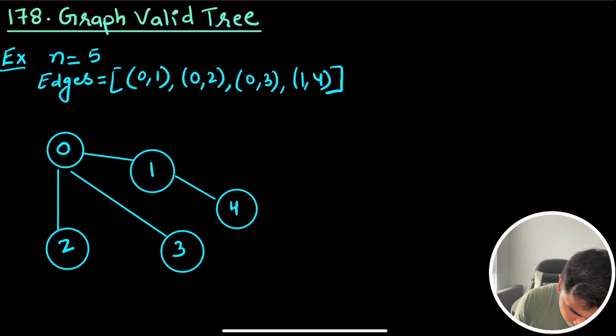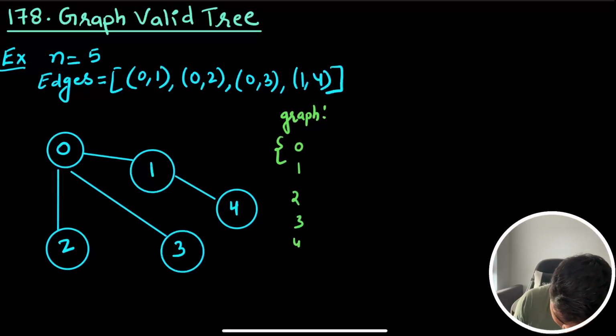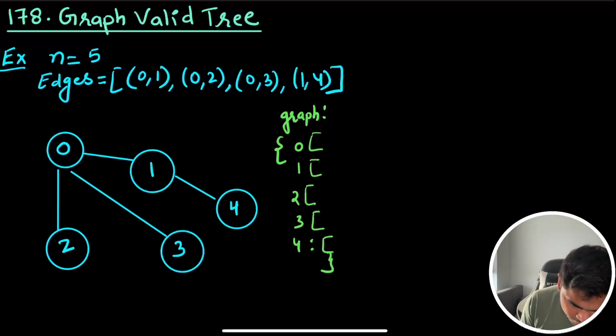Now in this example, how are we going to visit? First, we'll create the graph adjacency list. I'm going to call it graph, and we'll create entries for 0, 1, 2, 3, and 4. Sorry, 5 is not there, just up to 4. Next to these nodes, we're going to put their neighbors. We go through all these edges.